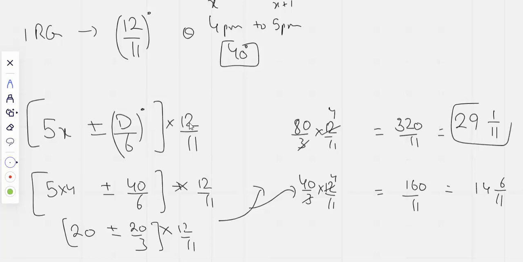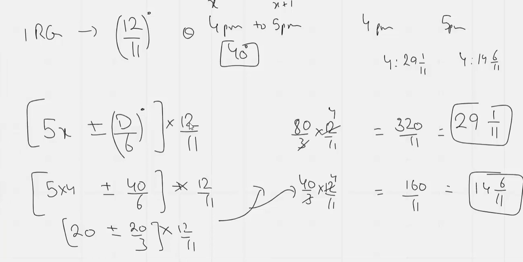So we are getting two timings between 4 p.m. and 5 p.m.: at 4:29 1 by 11 and at 4:14 6 by 11, the angle between the hour hand and minute hand will be 40 degrees.